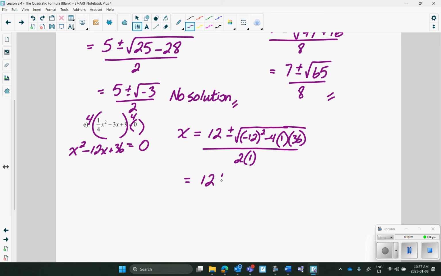That's going to be 12 plus or minus the square root of 144 minus 144.